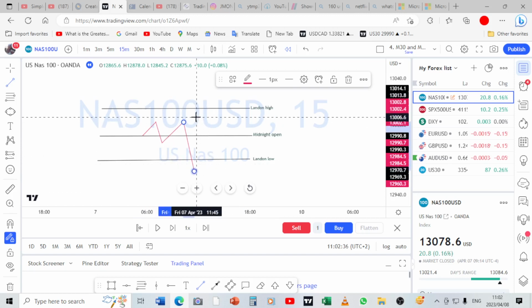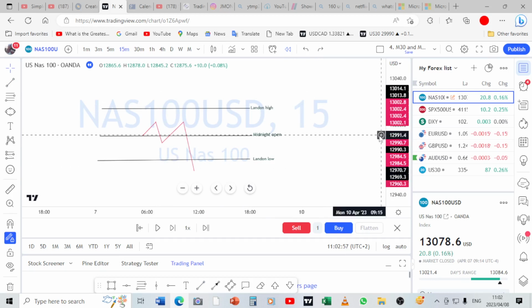What happens to the retail traders? Guys, the market can take the high and come and take the low. With the daily buyers, that will be the best. But this is a Judas swing, and it works. The strategy works if you follow the rules. The market will take the low.